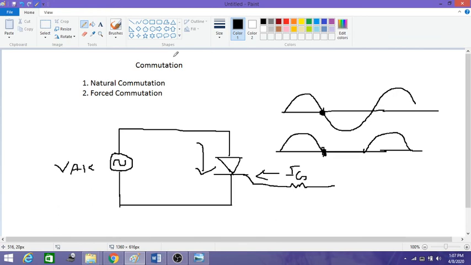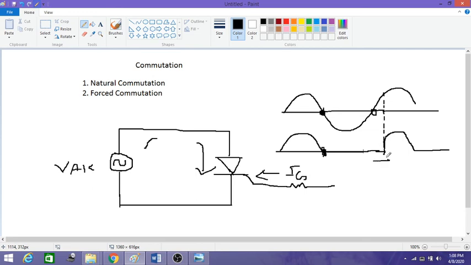Now here there is one more advantage. I can control this conduction process. Rather than conducting for the entire cycle, I can conduct for just a portion of it. For example, rather than conducting at this point, I will start conducting at this point, and I'll get a waveform like this. How is that possible? When the positive half rises, I do not give the gate current. I slightly delay the gate current to turn on.